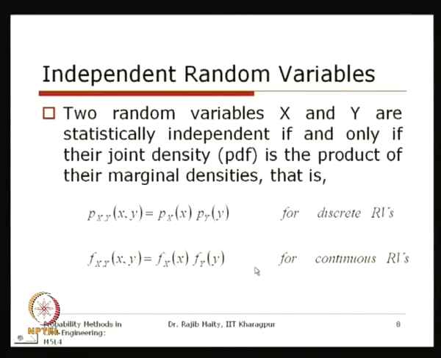But before I go to the mathematical expression, what does independence mean? For two random variables, if the outcome of one random experiment does not have any influence on the outcome of the other, then we can say that these two are independent.